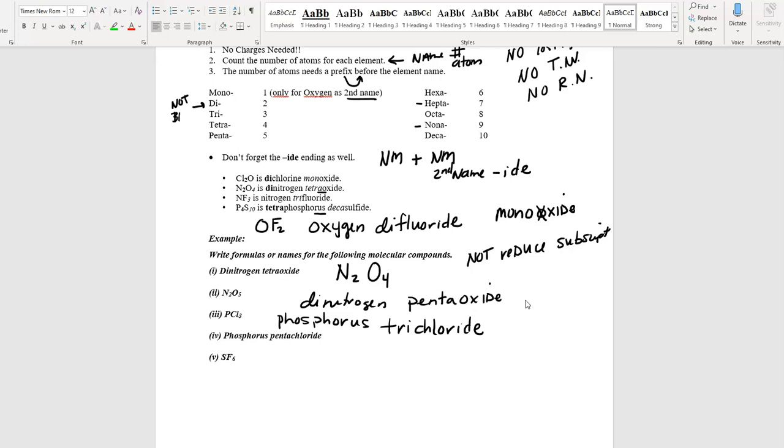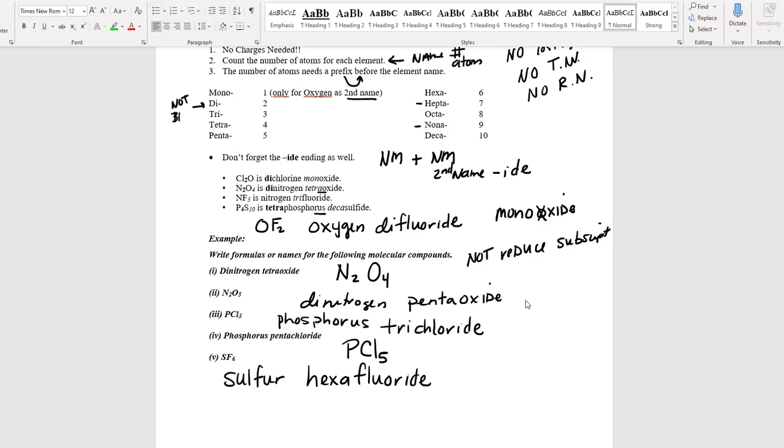Now I have the name phosphorus pentachloride, so phosphorus, capital P, and I got chloride, and I got 5 of them. And the last one, sulfur, and 6 for fluorine is hexa, and then fluoride.